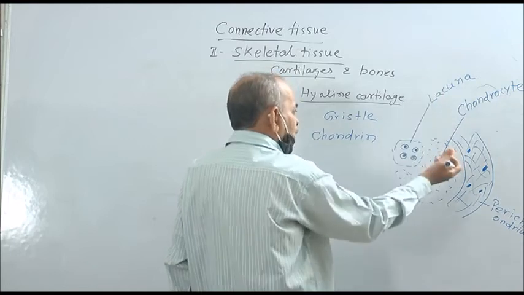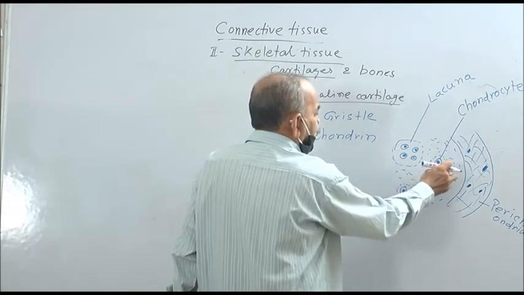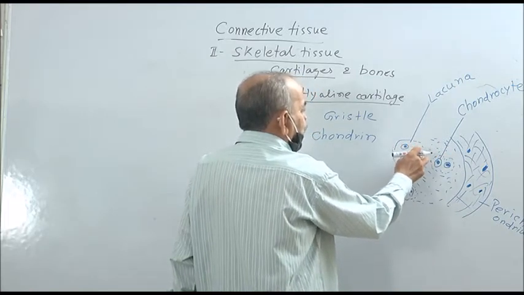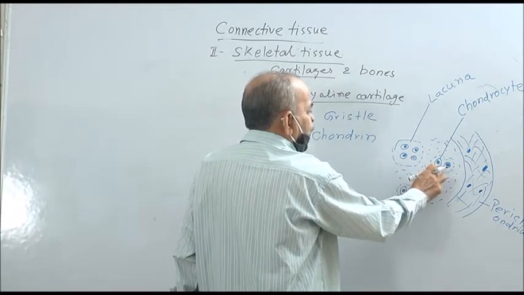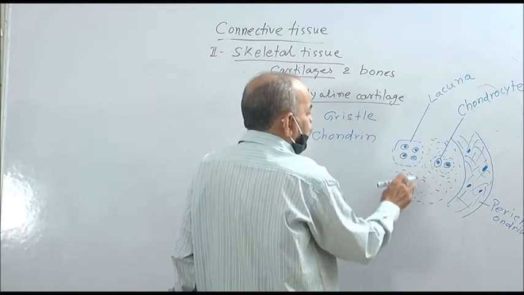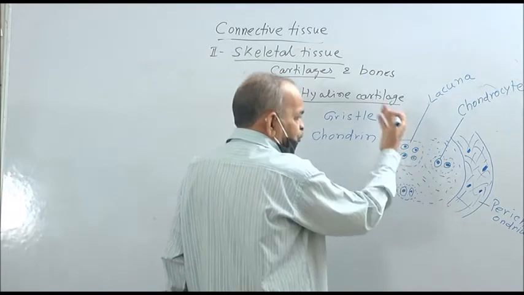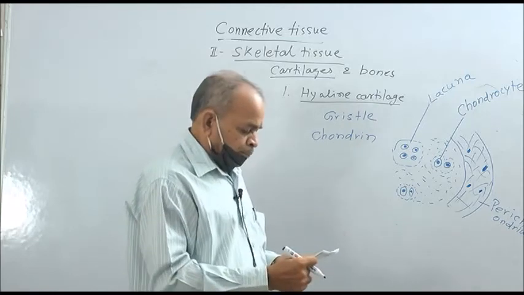Lacunae means plural, lacuna is singular. Here this is the lacuna, this is a fluid filled space, and these are the chondroblasts or chondrocytes. They occur in groups. You can see here this is a group of 2, this is a group of 4. There are also groups of 8 cells. They are present within the lacuna.